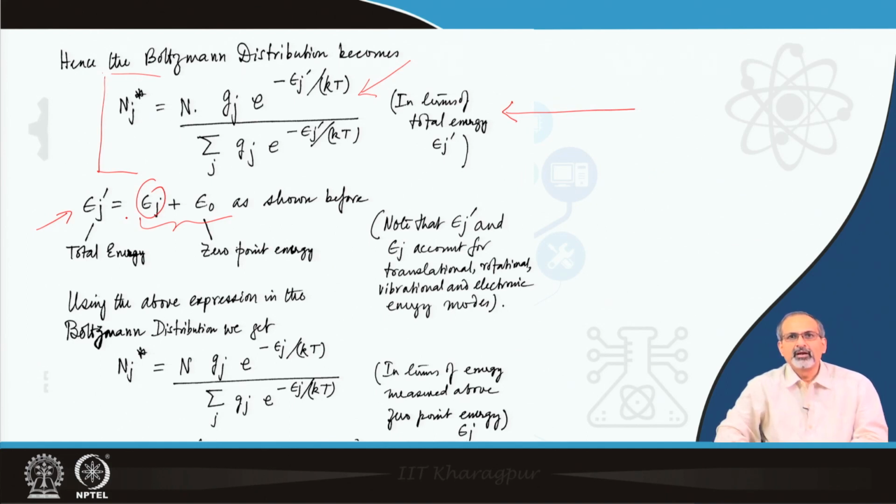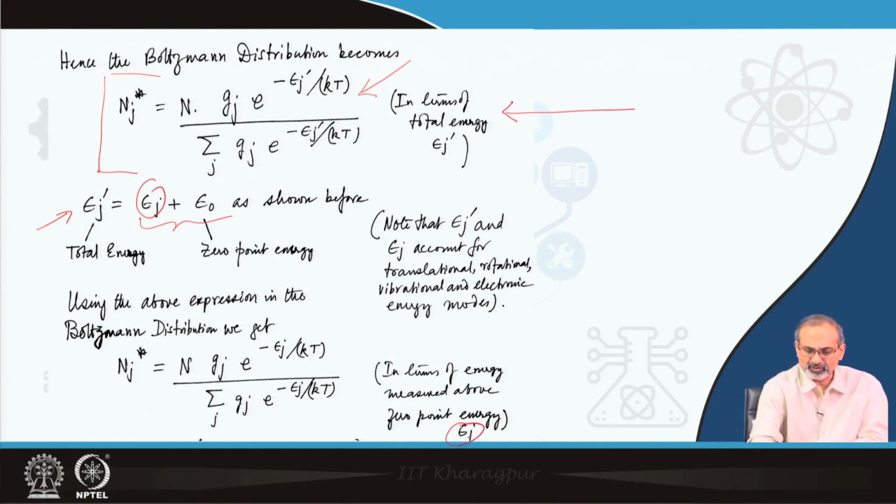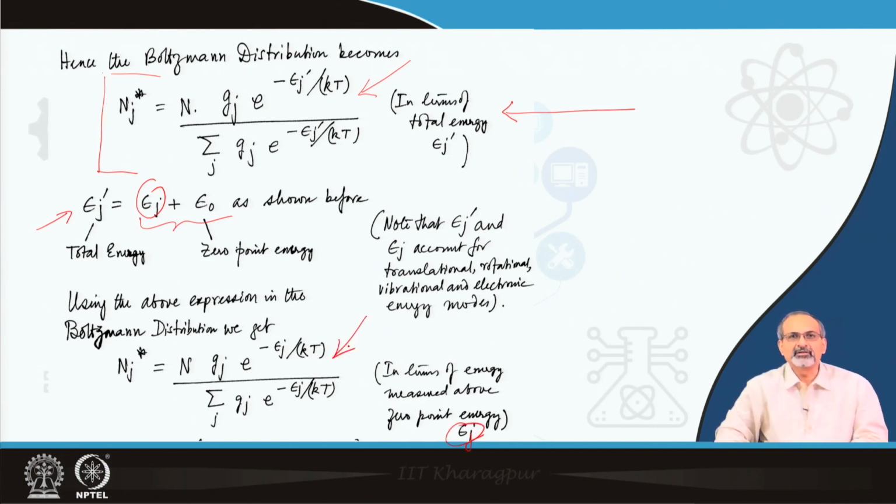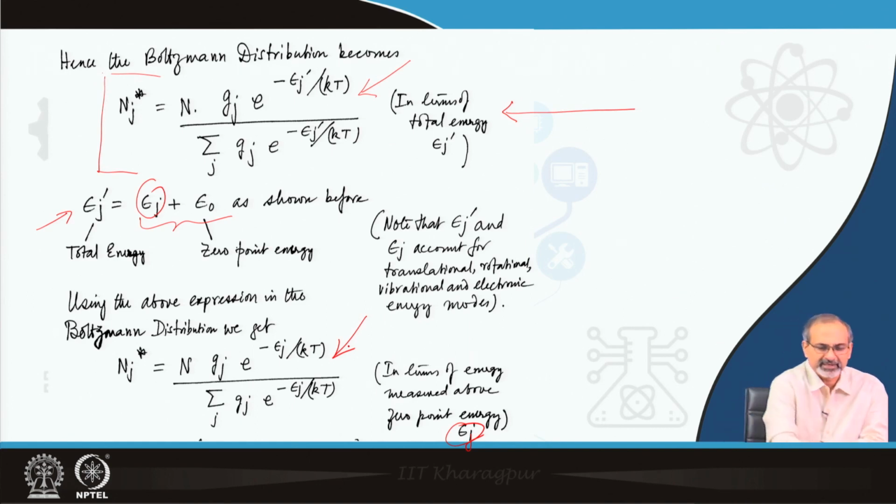So, if you are interested to express the Nj star in terms of the energy measured above the 0 point energy, which we are representing by Ej or epsilon j, then you can do a simple calculation yourself and see for yourself that the Nj star distribution can also be represented the way we have done it at the bottom of the slide.